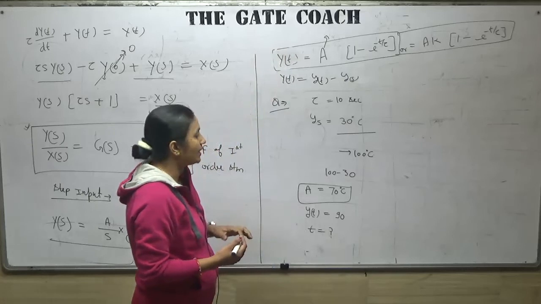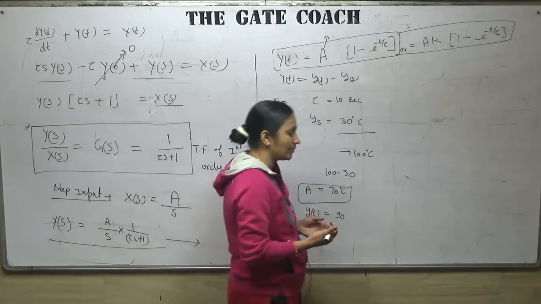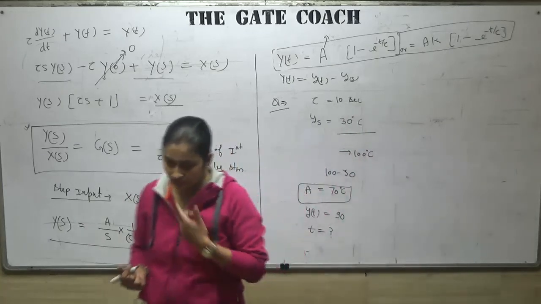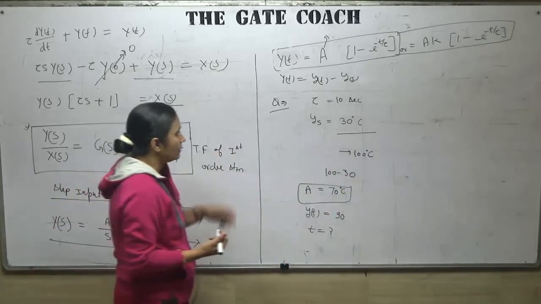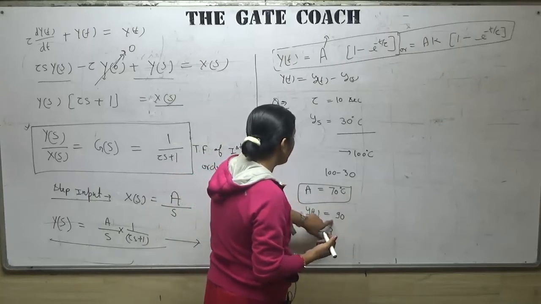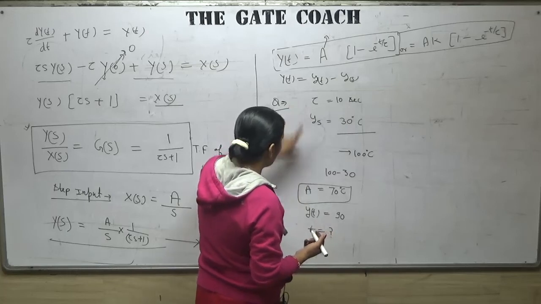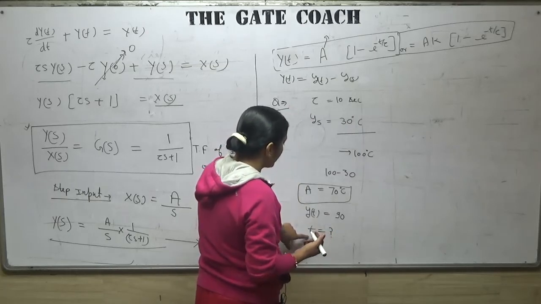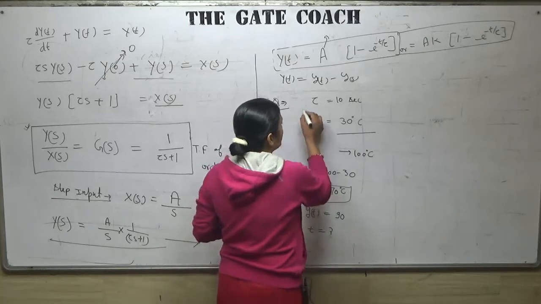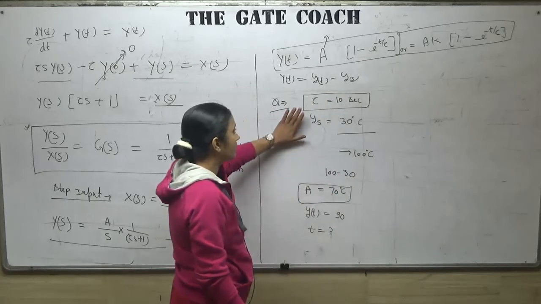They will ask what is the output value shown by the thermometer, that is your y of t. In most cases the output at any particular time t is being asked, but it can be any of the quantities. They can give you the final value of y, they can give you the time value, at what time, or they can ask the value of the time constant for that particular process.